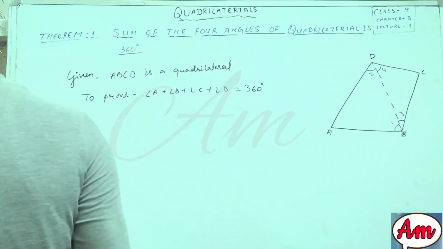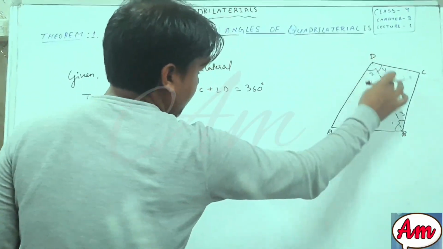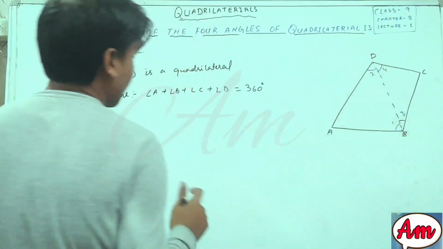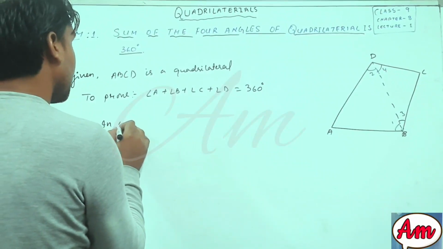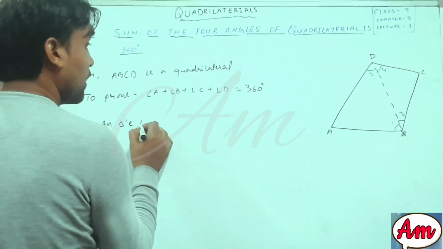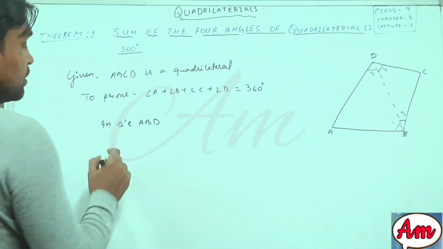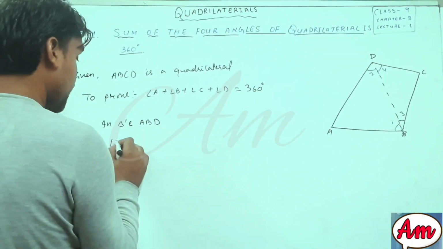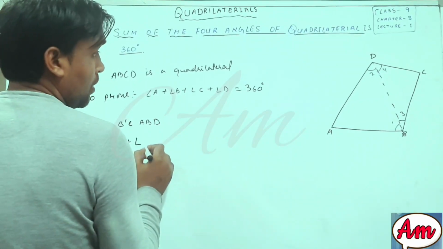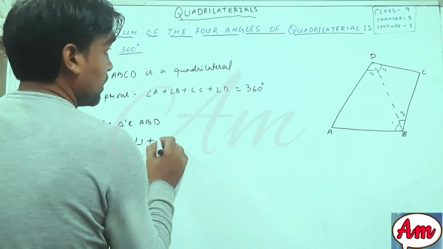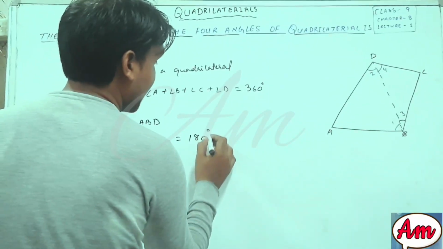Okay, so first of all, we will be considering angle ABD. As you can see, the middle line we have drawn separates this into two parts. So we'll write here in triangle ABD, there is angle A plus angle 1 plus angle 2 equals 180 degrees. Why is it 180 degrees?